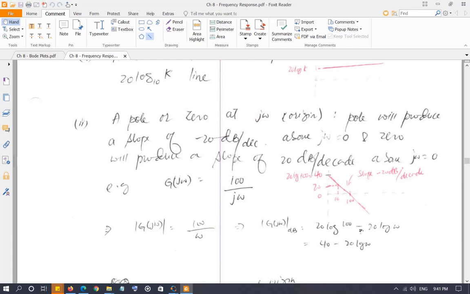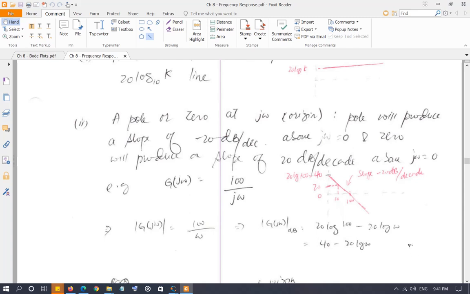Okay, so now you have two functions. You have a graph corresponding to 20 log of 100, which is 40 decibel line. And you have a graph corresponding to negative 20 log of omega, which starts at 1. Before 1, let's say you're starting with 0.1, that is okay, it's going to be 0 at 0.1, but at 1 it is going to be 0, and then it's going to start dropping with a slope of negative 20 decibel per decade.